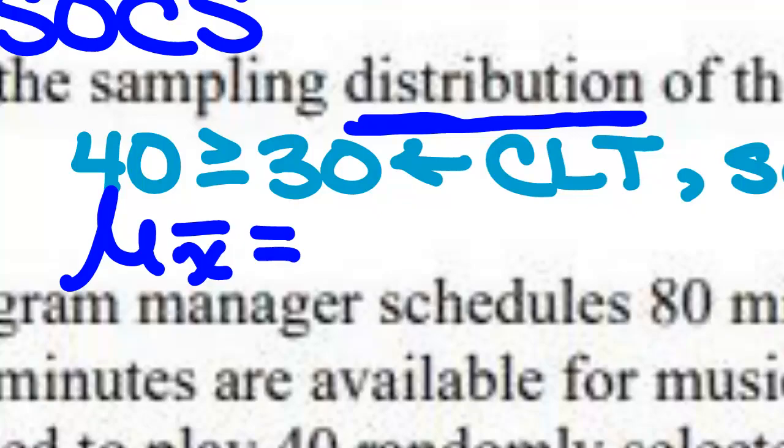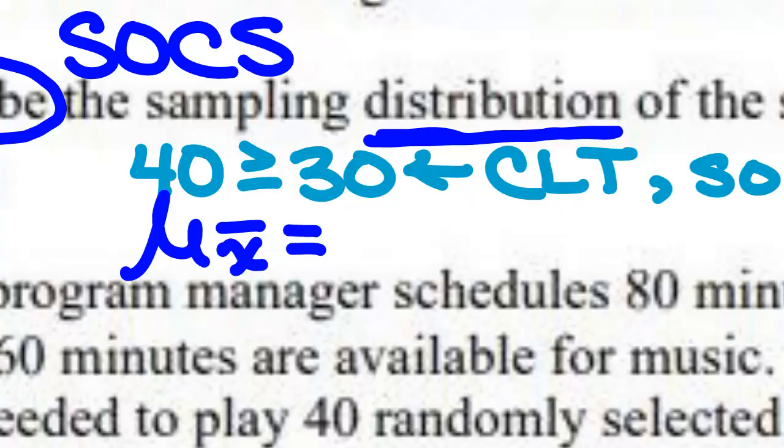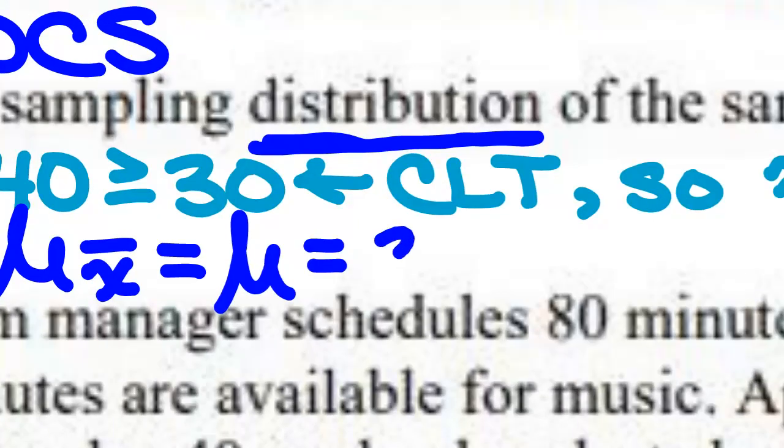Like when it talks about the average song length or the distribution of average song lengths, we're just looking at the average, like we're taking this whole group of 40 and we're averaging it out and we're saying typically it's about this long. So we're taking it down to the average song length for one song out of a sample of 40. So the mean for X bar is going to be the mean for my population, which is what? 3.9 minutes.